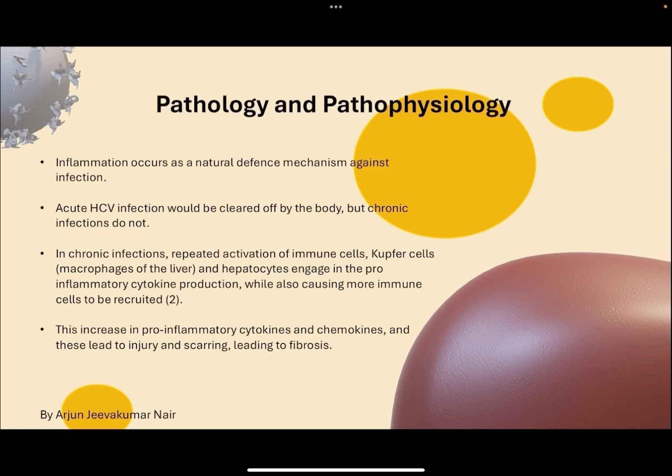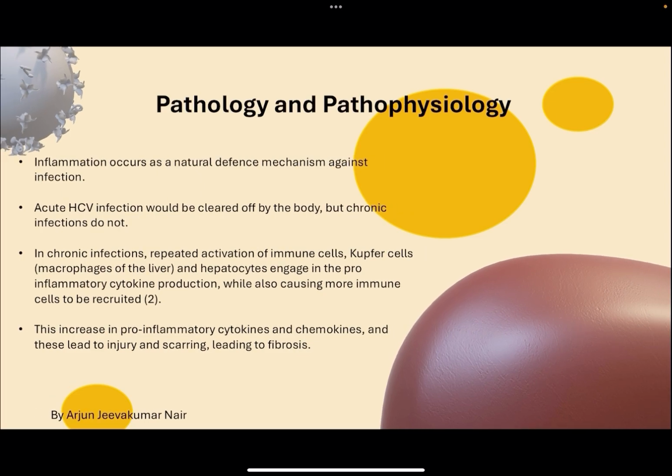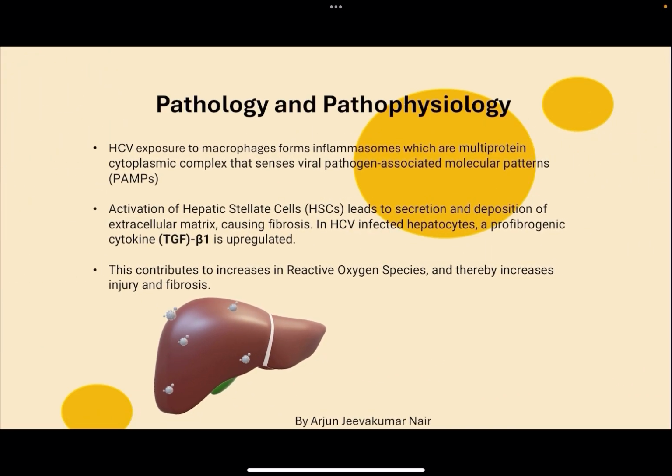Now that we understand the basic pathology, let's look at the cellular developments within the cells of the liver. Hepatitis C virus exposure to macrophages forms inflammasomes, which are multi-protein cytoplasmic complexes that sense viral pathogen-associated molecular patterns, also known as PAMPs.